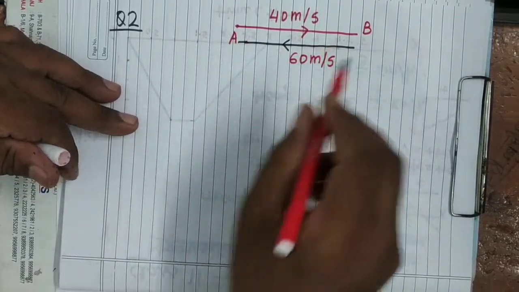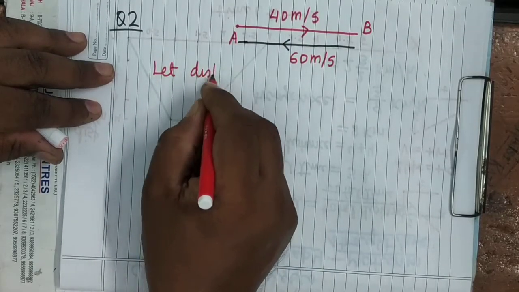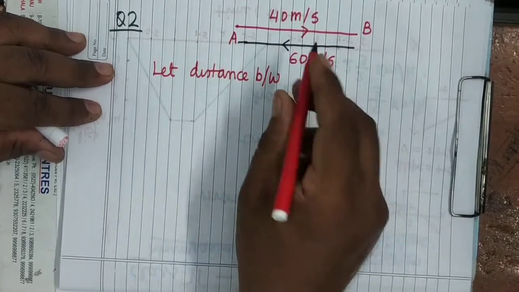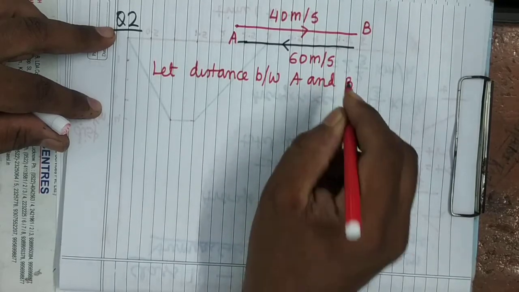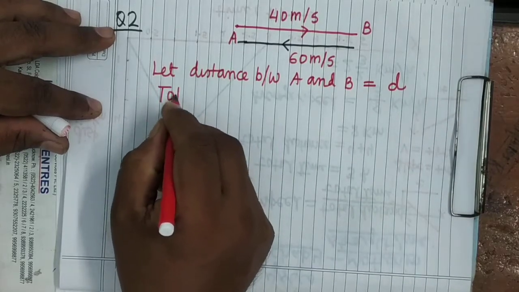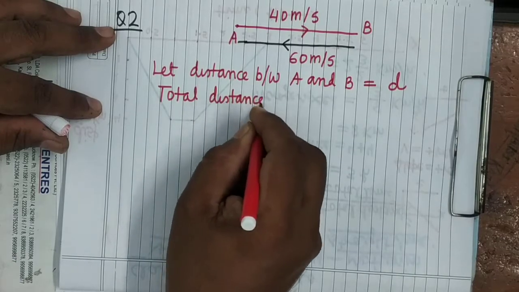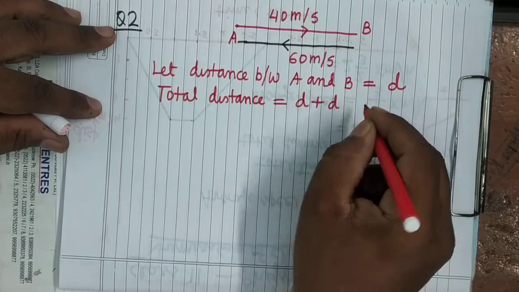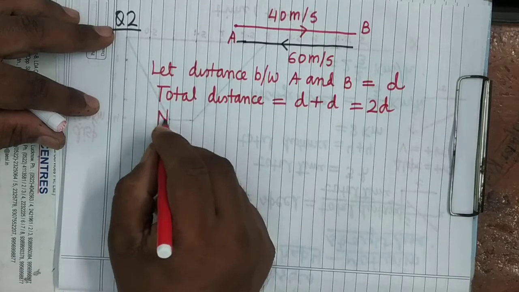First you assume that the distance between A and B is D. So total distance traveled is D distance in going, D distance in returning, it will be 2 into D. What will be the net displacement?